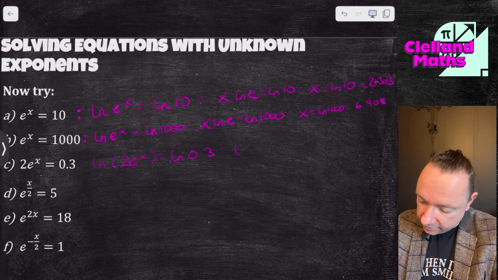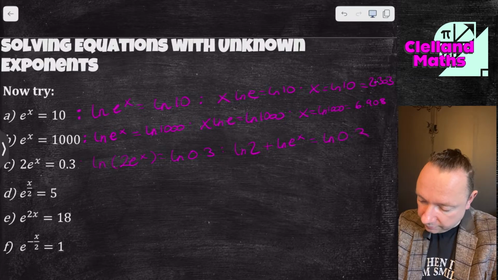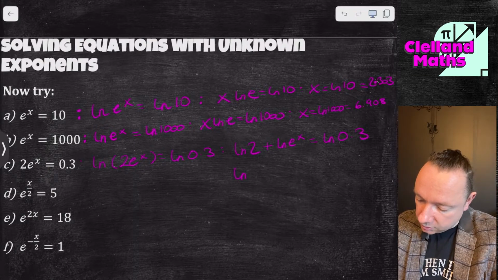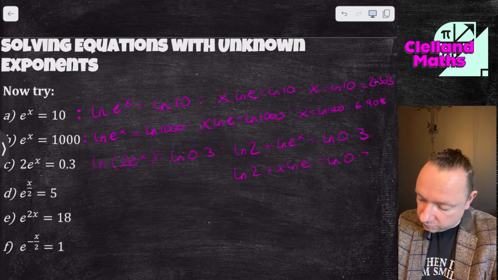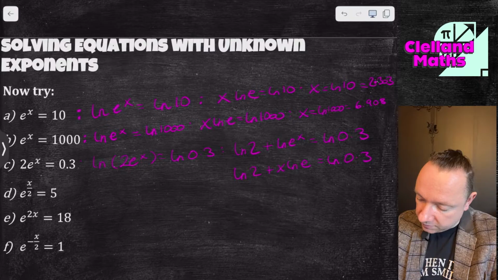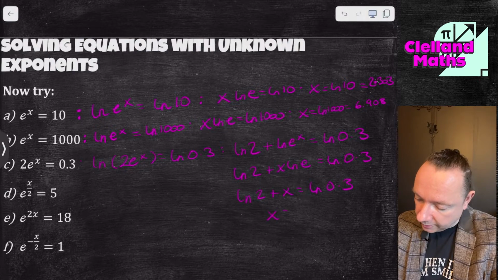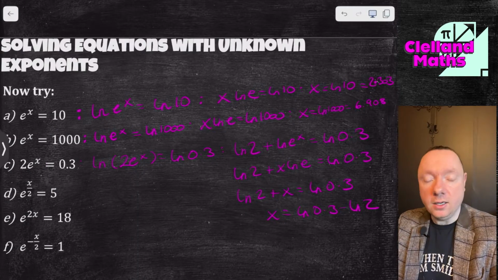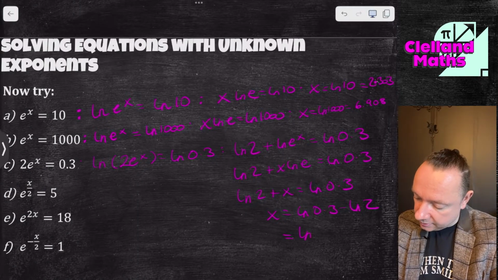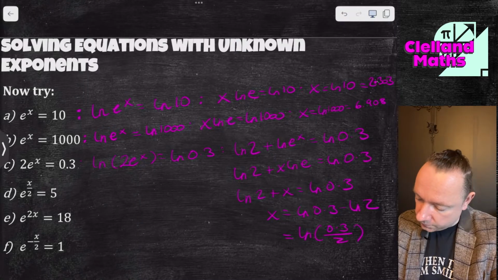So we're going to have ln 2 plus ln e to the x equals ln 0.3. ln 2 plus x ln e equals ln 0.3. So finally, remember this x ln e is just x. So we've got ln 2 plus x equals ln 0.3. So x is ln 0.3 minus ln 2. Now you can just use a calculator to work that out, or you can combine it, ln of 0.3 over 2.